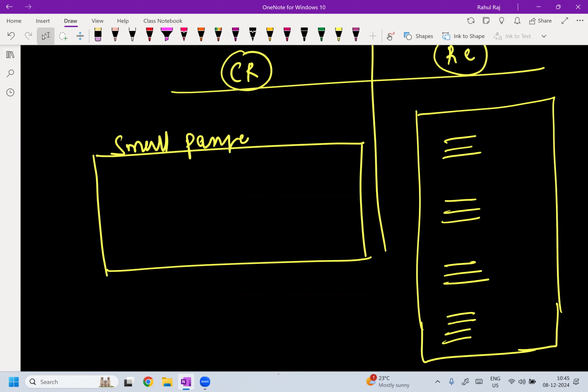Now understand the difference between CR and RC. Please understand there is no one difference at all. Multiple people can have multiple views about it, but let's understand the most subtle difference.